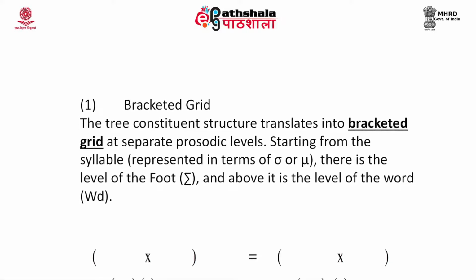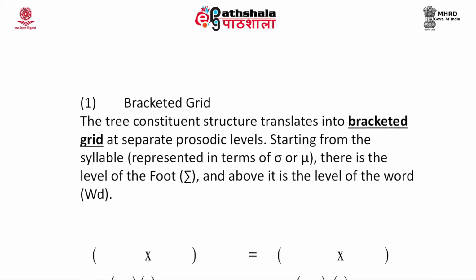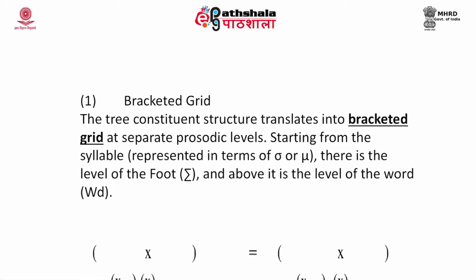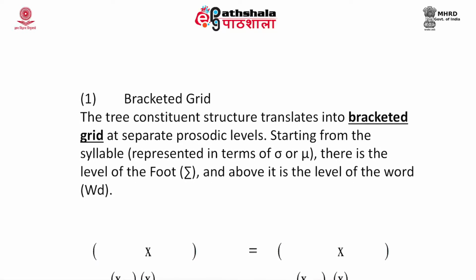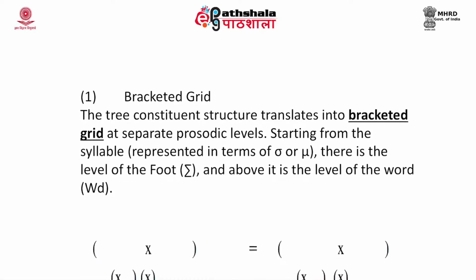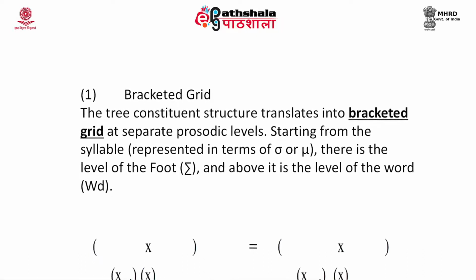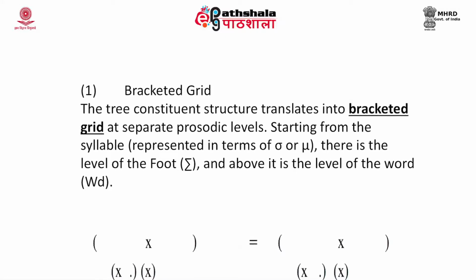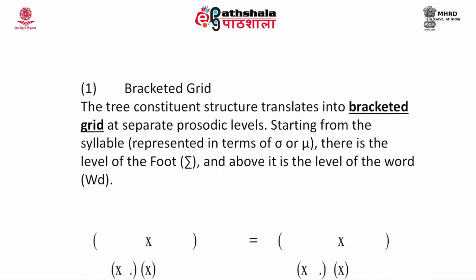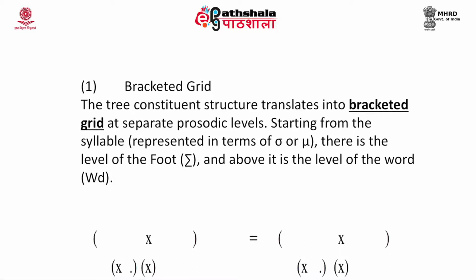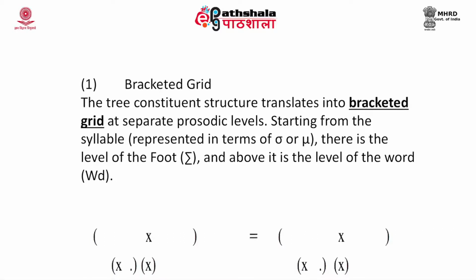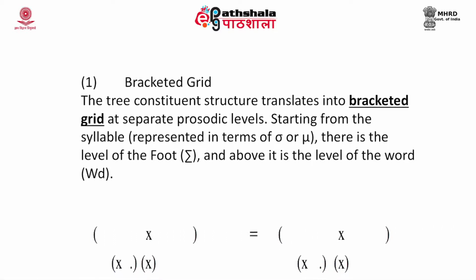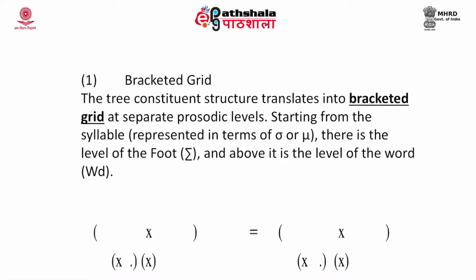The number of syllables that form a certain foot are enclosed at the foot level. And then we have the word level. After the consonant vowel representations, which are also known as melodic representations, we have the next higher level, syllabic or moraic representation. Then we have foot representation, and then finally the word level representation.